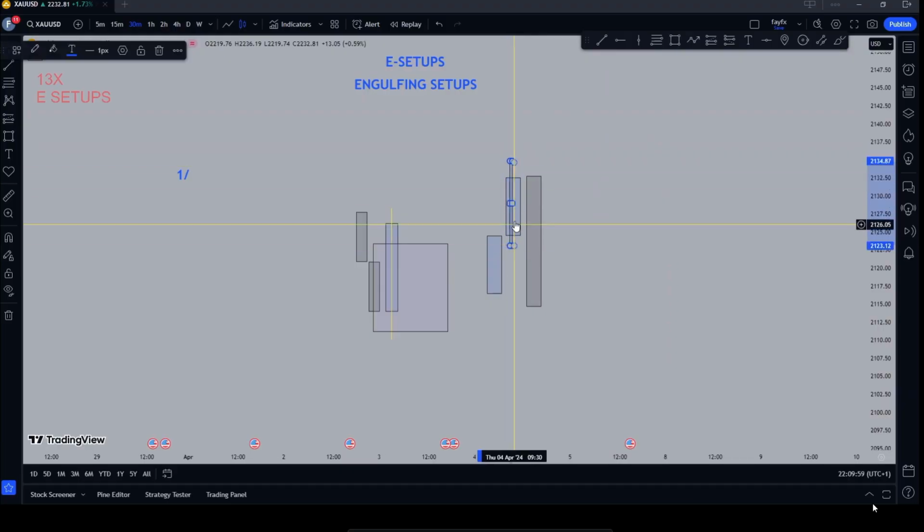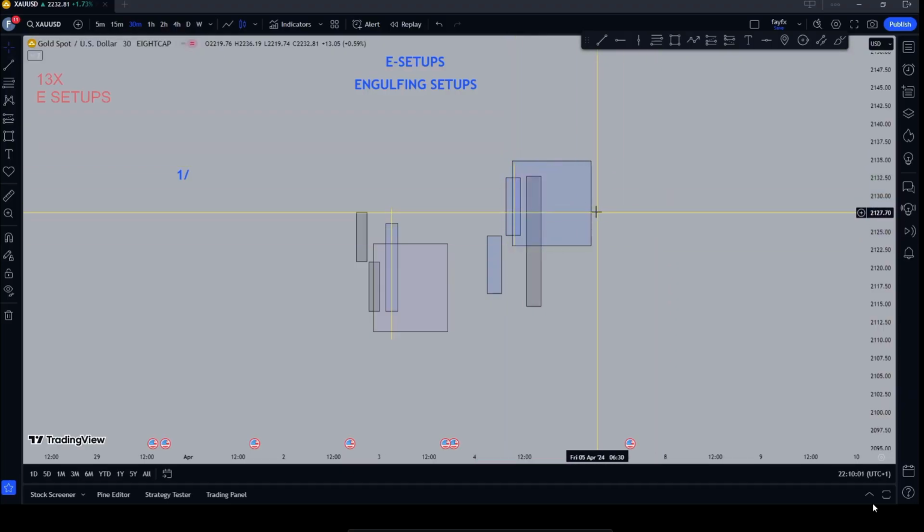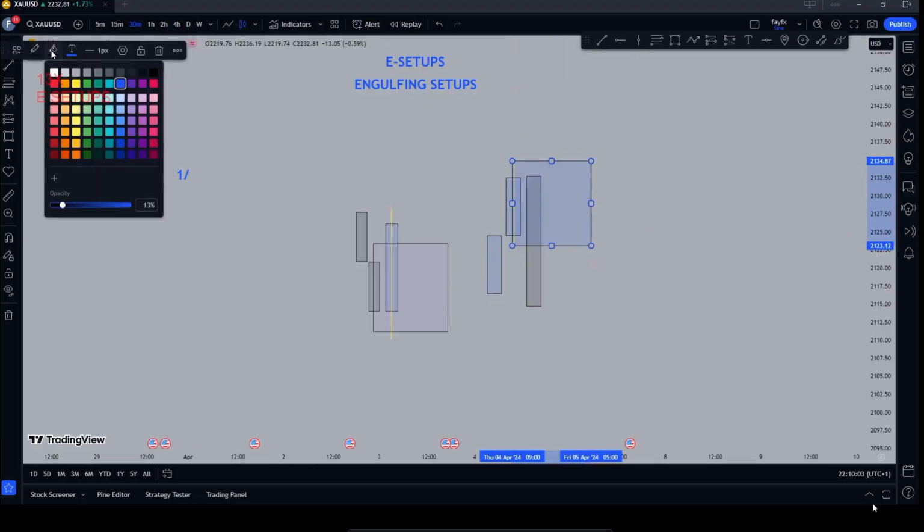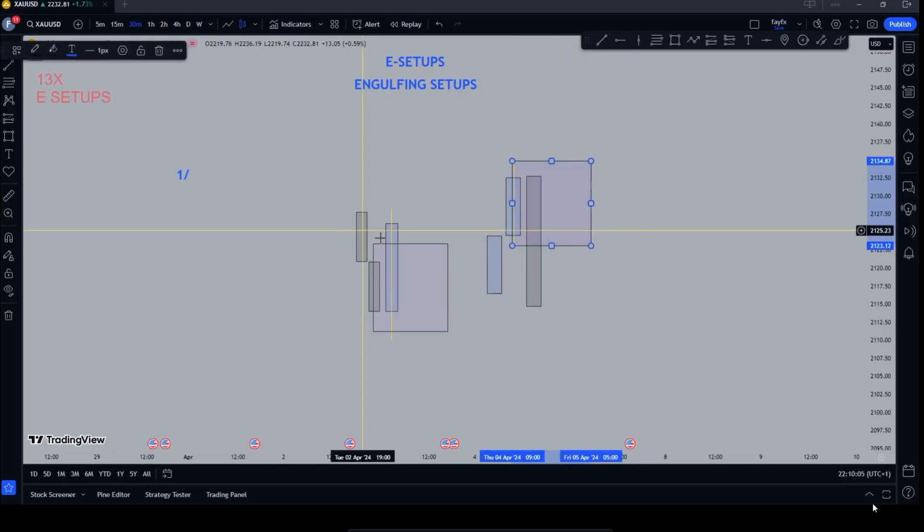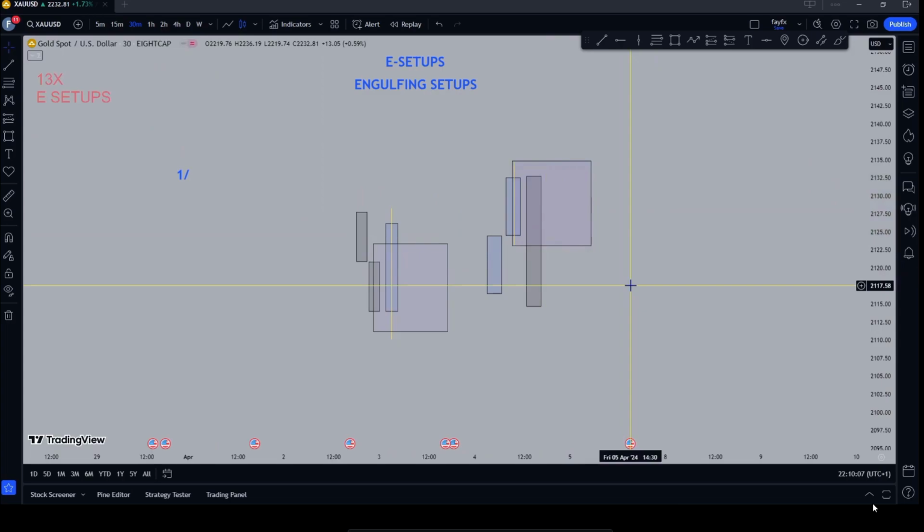We are only concerned by fresh engulfing candles. What does that mean? A fresh engulfing candle means that after price closes below this last candle, price didn't come up, then go down.